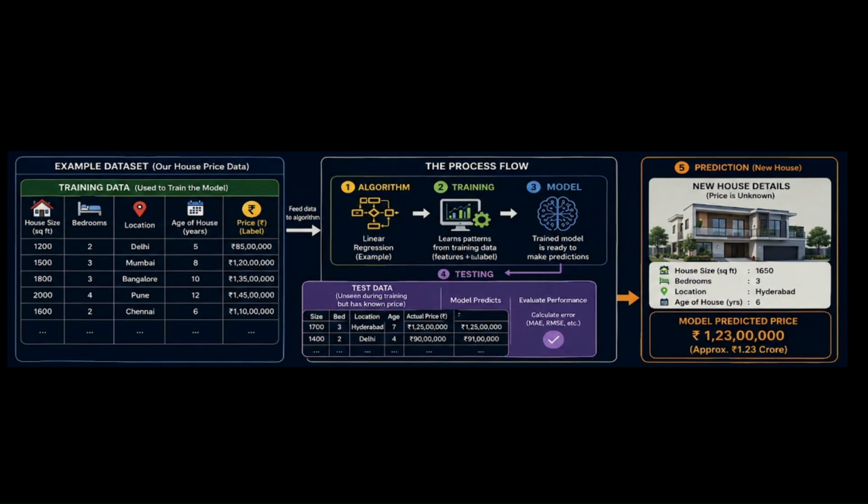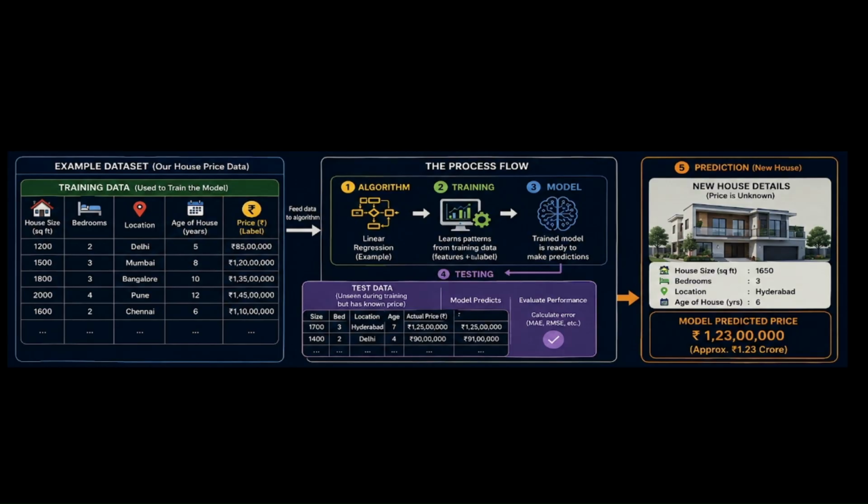So we take the training portion of the data set and select the algorithm such as linear regression or any other example, and we use the training data to train the algorithm. And after training we have a trained model. Now we can give the model unseen test data to check how well it performs, and the model gives us a predicted price, right?